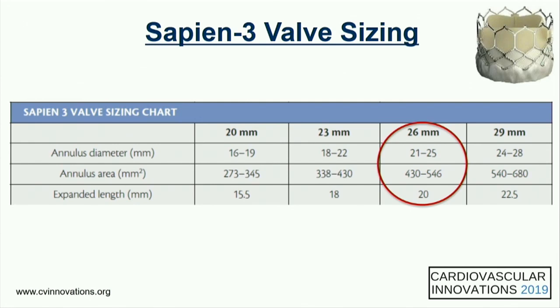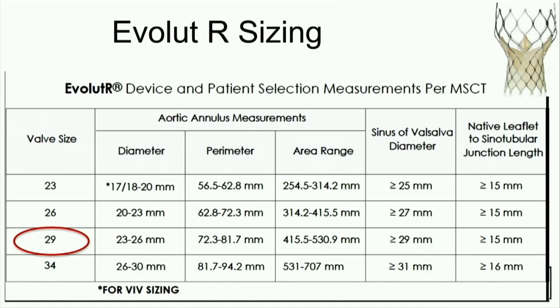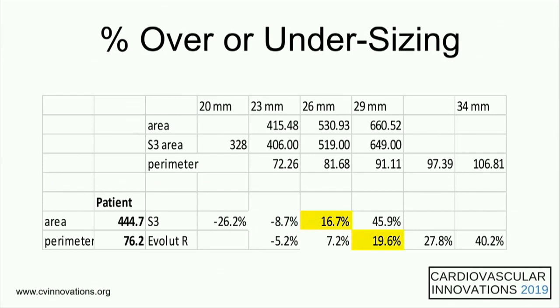He would have fallen in the 26 millimeter range, and for an Evolut, he would have fallen in the 29 millimeter range. Looking at the oversizing, keeping in mind that there was no annular calcification at all, he would be about 17% for the 26 millimeter Sapien and about 20% for the 29 millimeter CoreValve.